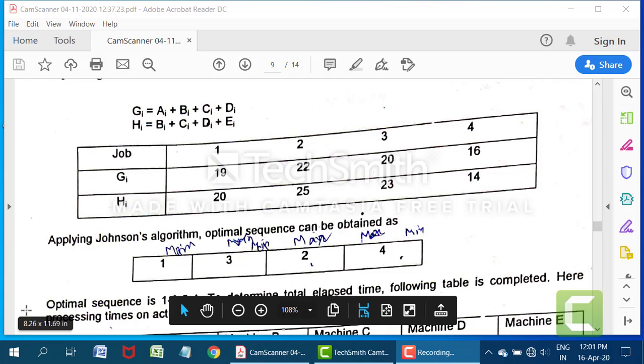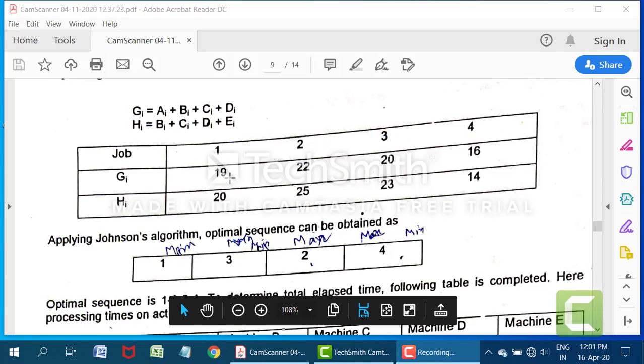If the minimum processing time is occurring on the first machine, you have to fill the compartments from left to right. If the minimum processing time is on the second machine, you have to fill the compartments with the job numbers from right to left. So 3 is coming here.